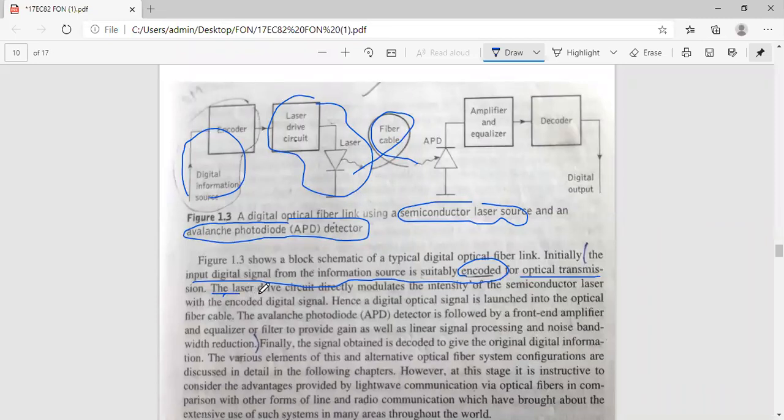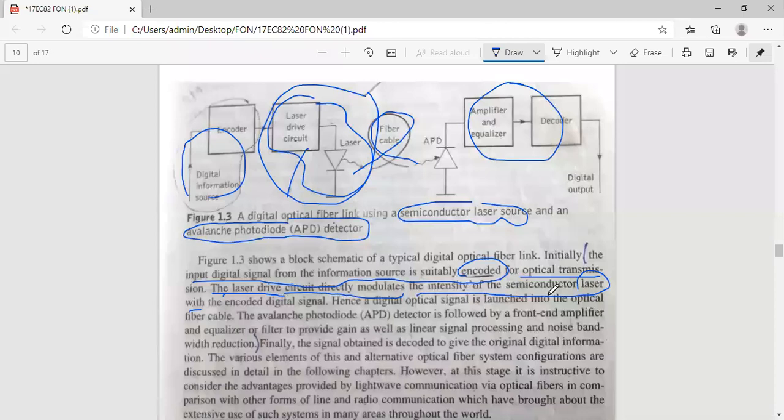So the laser drive circuit, you can see it. The laser drive circuit will modulate. This particular part is modulation, the transmitter; this is your receiver side. It will modulate the intensity of this laser, whatever light is coming from the laser, its intensity will be modulated.